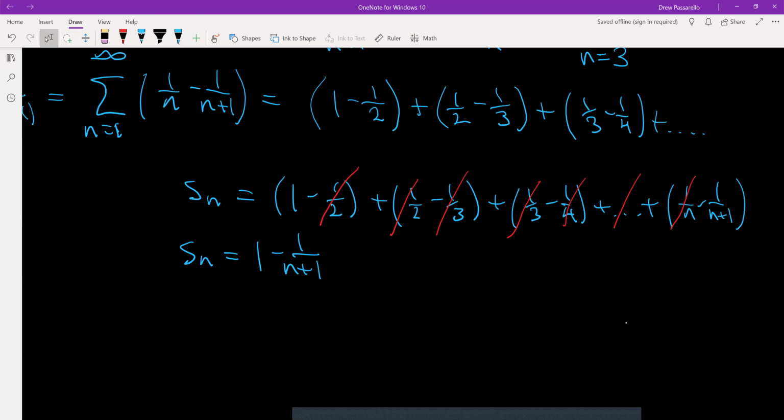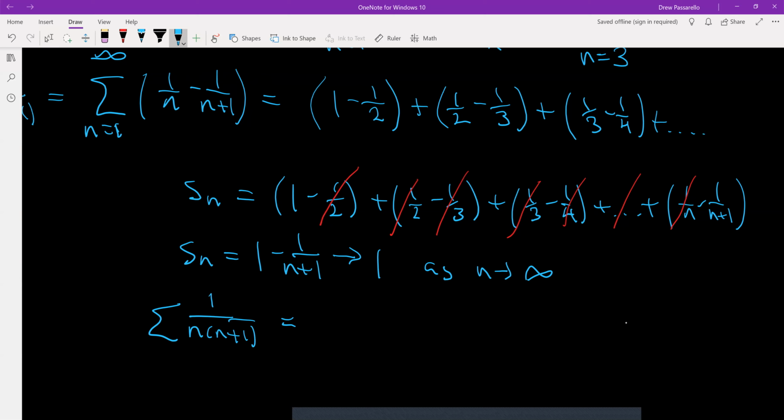So we know this will converge to 1 as n goes to infinity. So the sum of 1 over n times n plus 1 equals the limit of the nth partial sum.